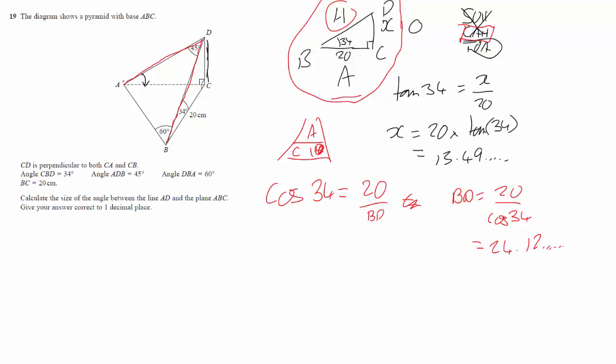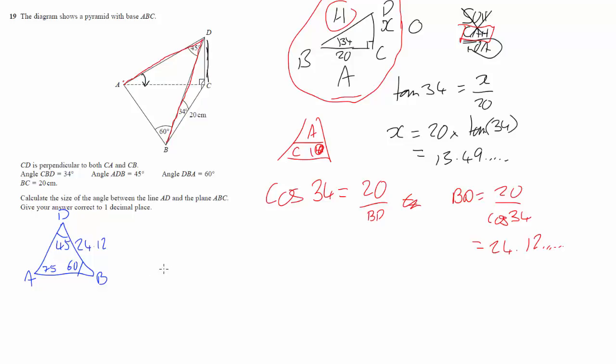So the next step is to use the sine rule. Let me just draw the triangle out here. So that's A, B and D. I've just worked out BD to be 24.12. I know this angle is 60. I know that angle is 45, which means this angle has got to be 75.